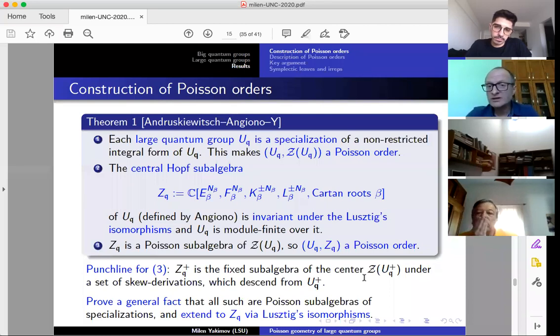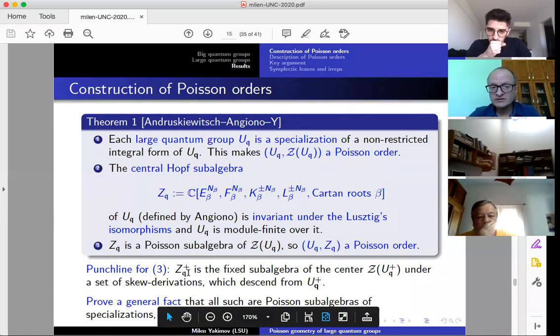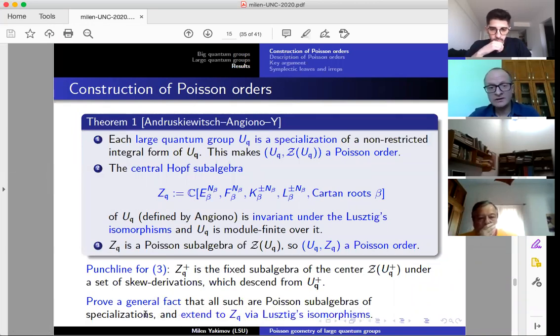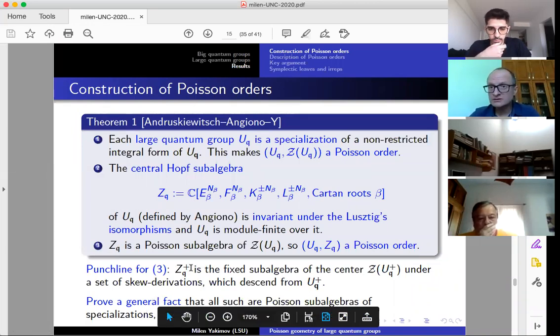So we prove a theorem that every time you have a specialization, and inside that specialization you have a central subalgebra that's precisely given as the fixed points of skew derivations, it's immediately a Poisson subalgebra. So by running a general theorem like this, we avoid any calculations with this Poisson subalgebra, but we just refer to a general fact.